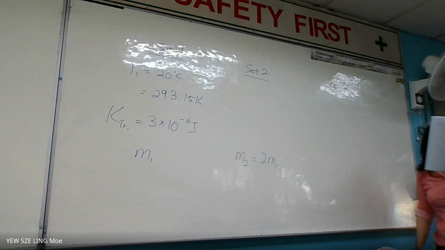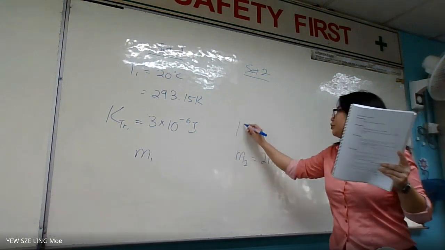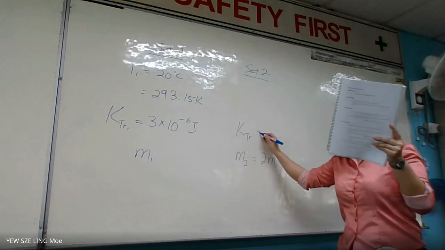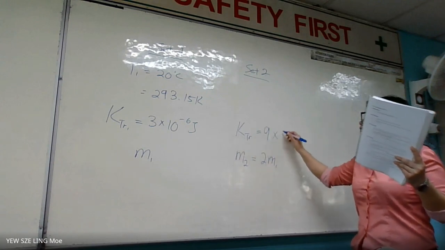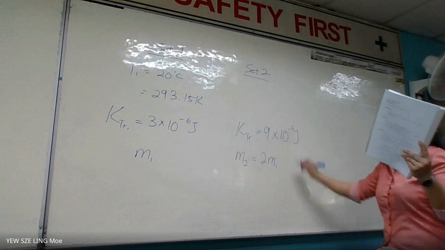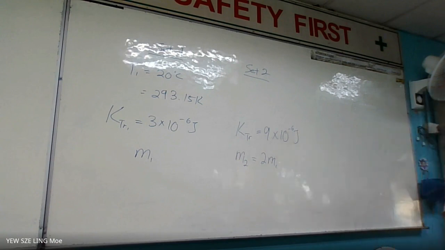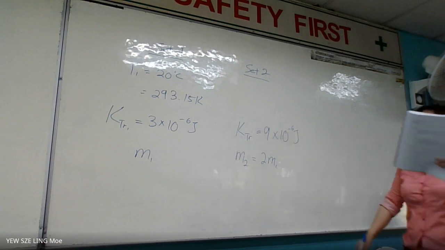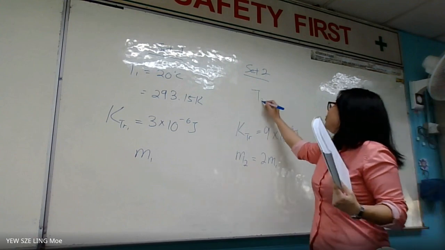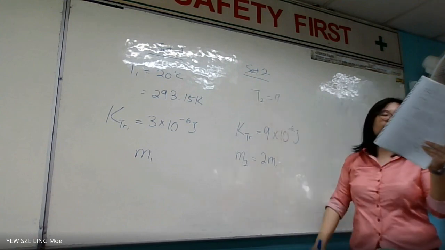And then the total translational kinetic energy has now become, your KTR is now equal to 9 times 10 to the power of negative 6 joule. So determine the new temperature of the gas. So you want to find out what is the value of T2.